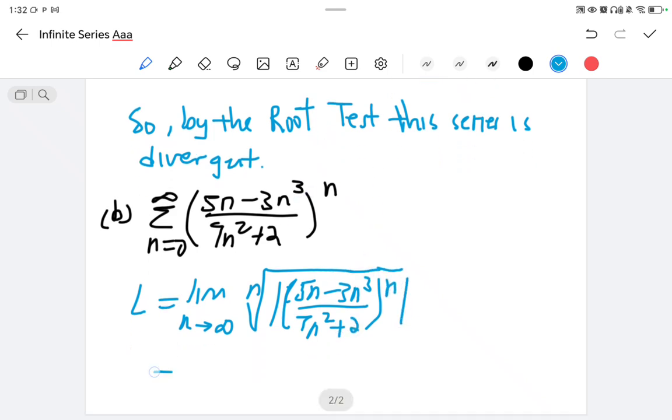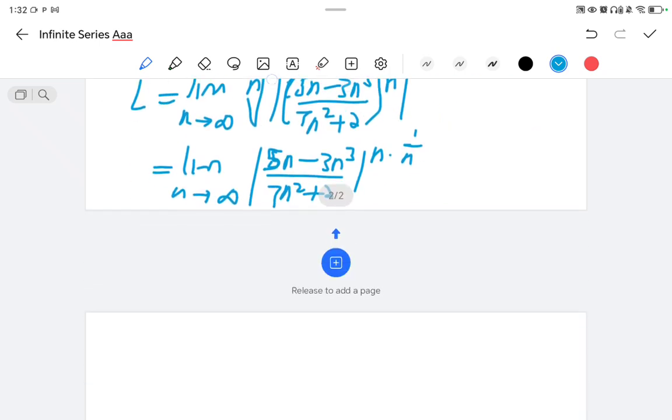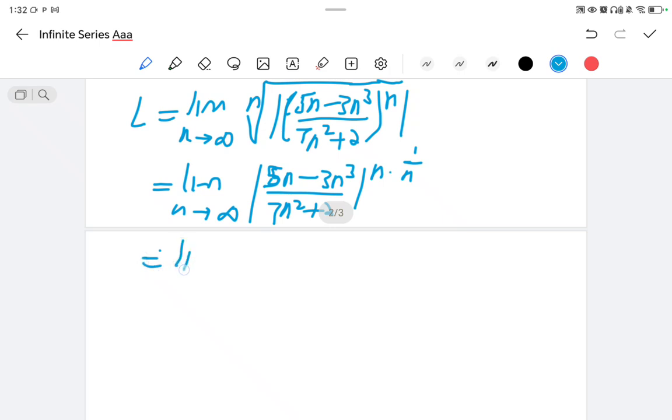Then this will be equal to the limit as n approaches infinity of (5n minus 3n^3) all over (7n^2 plus 2)^n, to the power 1 over n. So this will be equal to the limit as n approaches infinity of (5n minus 3n^3) all over (7n^2 plus 2).